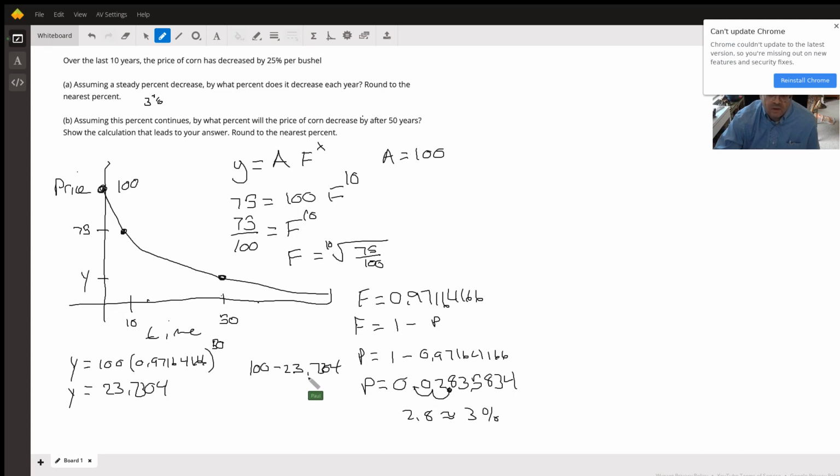And actually, we can just round this, so 100 minus 23.7, and that would be 76.3%. So that is the decrease right there.